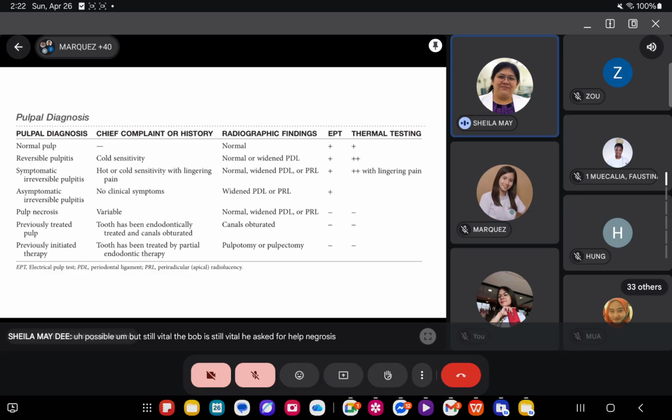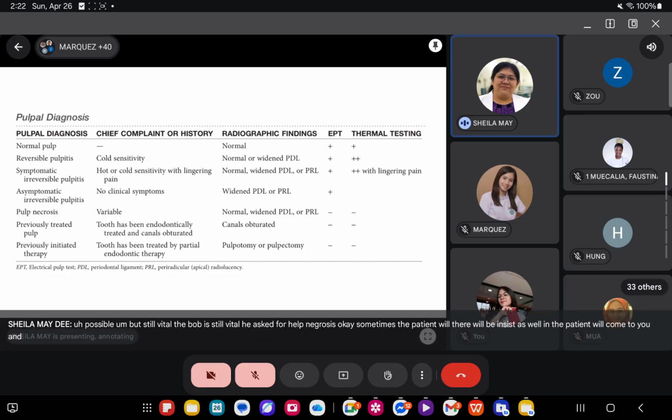Okay? As for pulp necrosis, sometimes there will be instances when the patient will come to you and complain of pain, but then it turns out the story is so long, so you have to ensure that what the patient is telling you is something that's current.